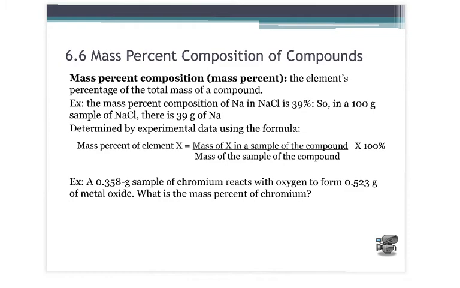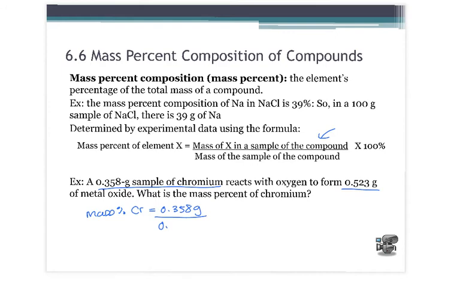Very simply, the mass percent of chromium, remember, is the mass of X in the sample. That's our part, and this is 0.358 grams of chromium. Now, the whole here is the metal oxide. That's the compound that we formed, so it's got the chromium and the oxygen in it.